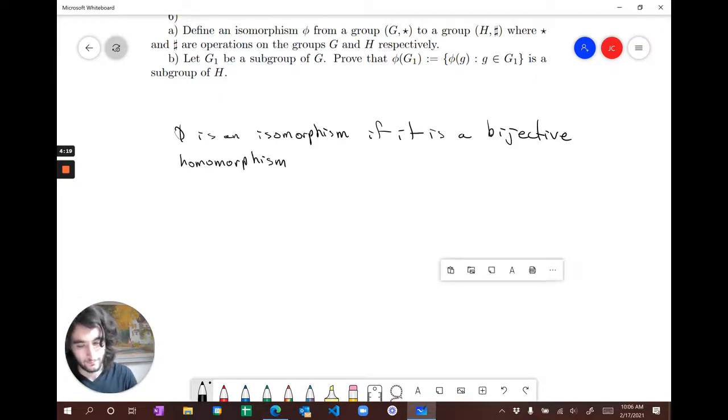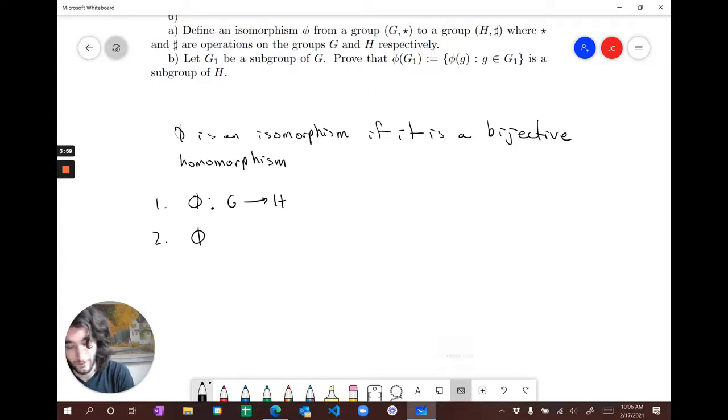So that's kind of a vocabulary heavy way of saying it. If you want to get really far down, first of all, it's a function from G to H. Secondly, it respects the operation.